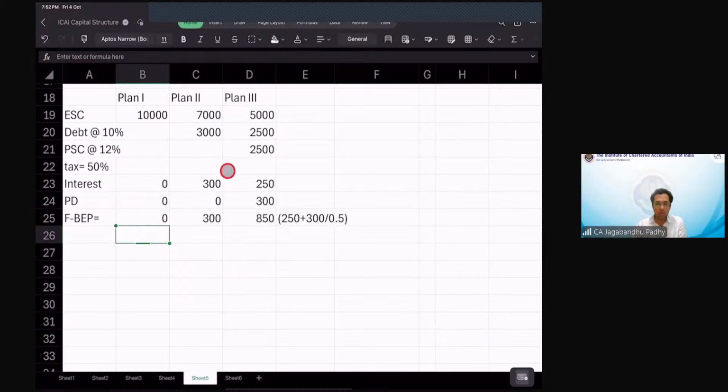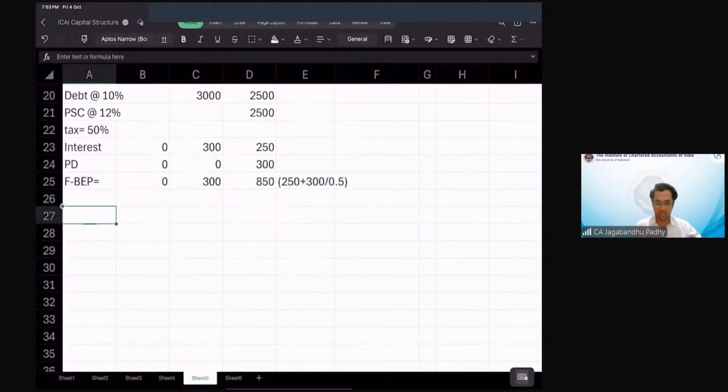But in case of plan 2 and plan 3, what do you observe? In case of plan 2, can I say at least 300 EBIT is required, and plan 3 states that we need at least an EBIT of 850 to start making profits. Now let me demonstrate how these things really work out.